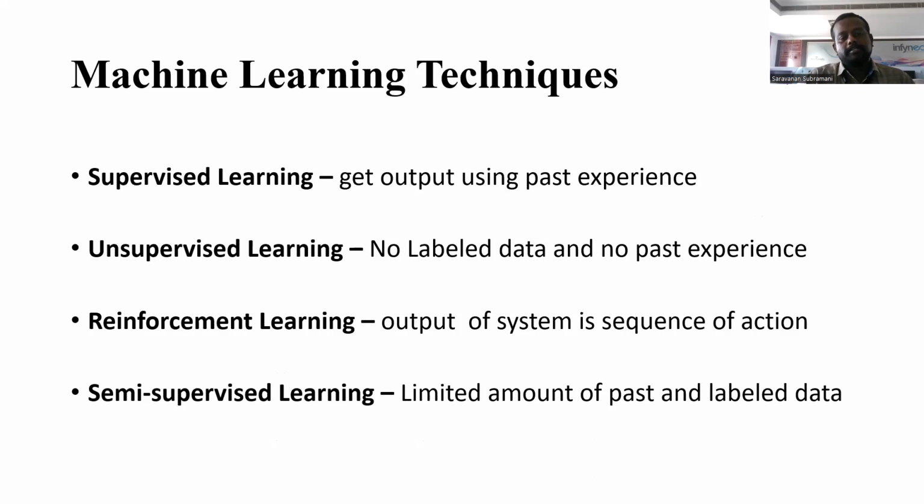There are so many machine learning techniques available here. Those techniques that are most useful for us should be chosen and used according to the project, that is, according to the application we are going to implement. The techniques are called supervised learning, unsupervised learning, reinforcement learning, and semi-supervised learning. Supervised learning means it gets the output using past experience.